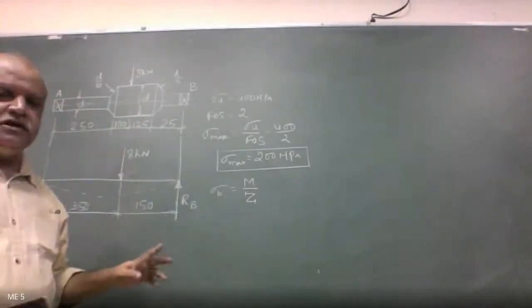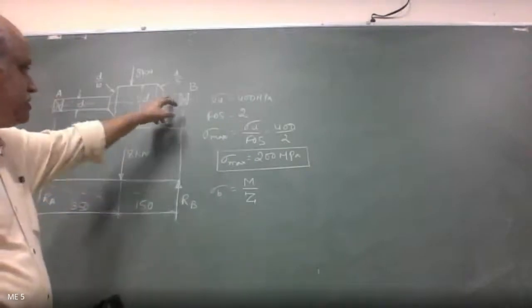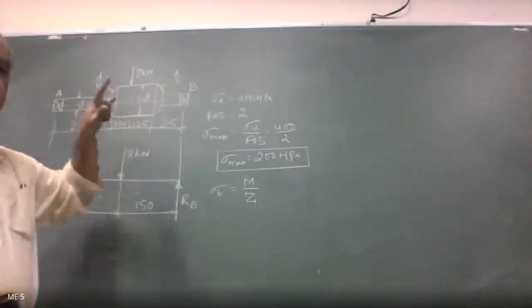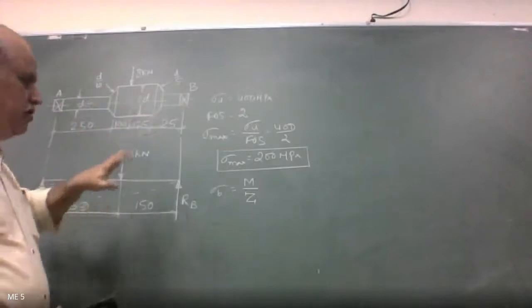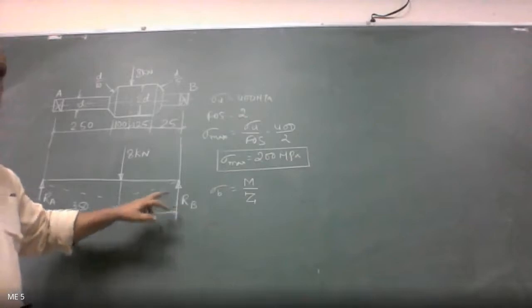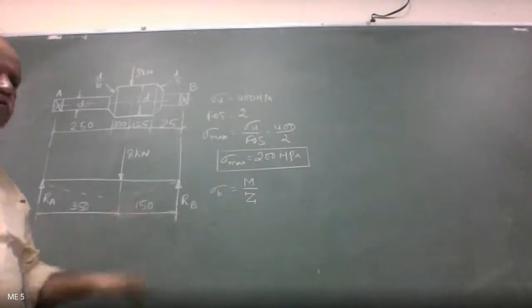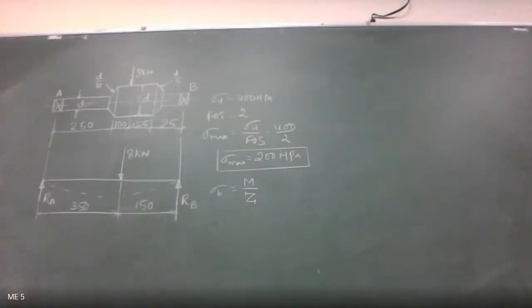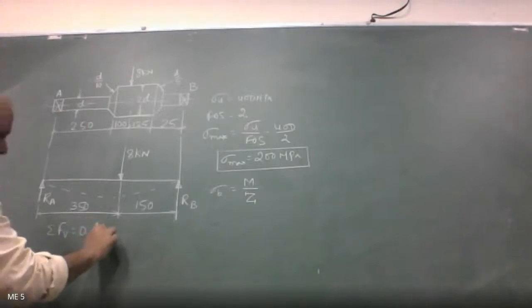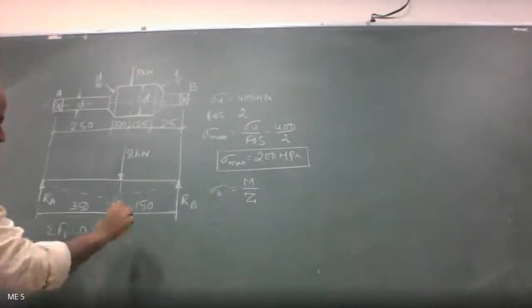So we need to consider two sections, one with reference to bearing B, another with reference to bearing A. Our first job is to find the reactions RA and RB. How do we find RA and RB? Use our basic engineering mechanics knowledge. Take sum of vertical forces equal to 0, taking upward positive.